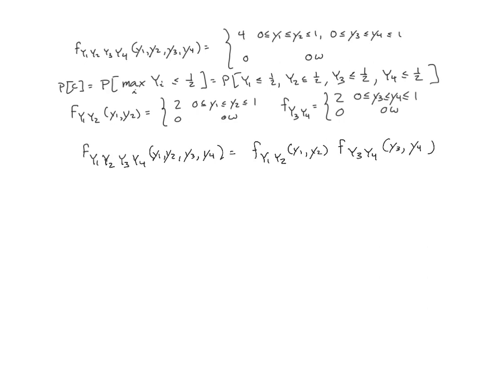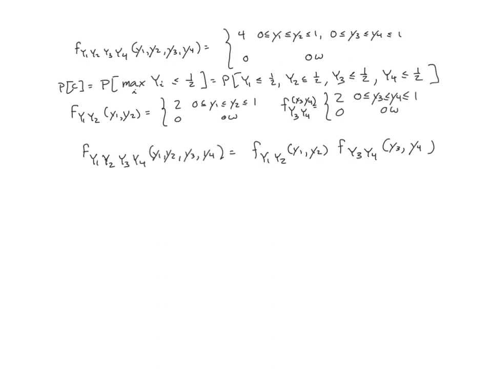So looking at my work, I see I left out a little y3, y4 here. But in fact, modulo that correction, you can see that the joint PDF of the four random variables factors into a PDF for y1 and y2, and then a PDF of y3 and y4.